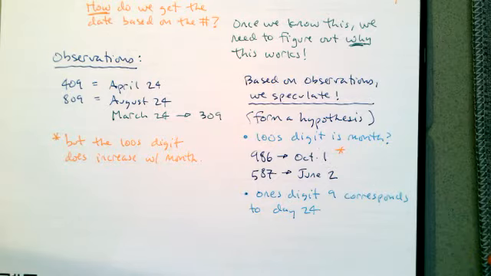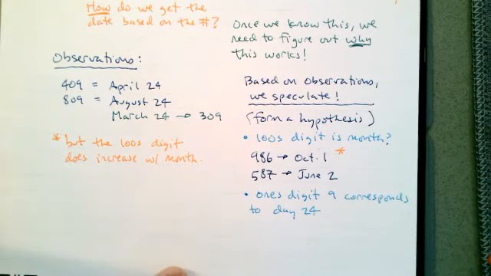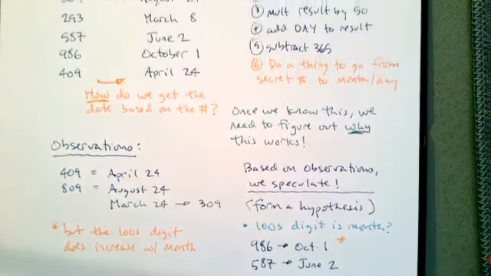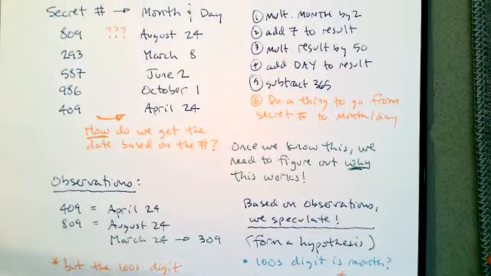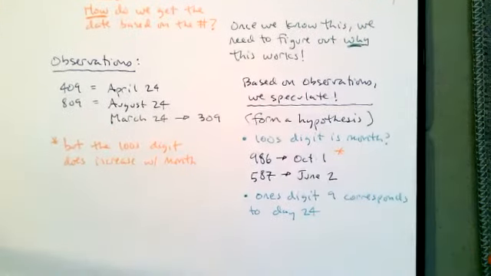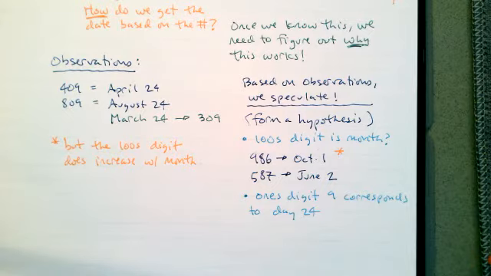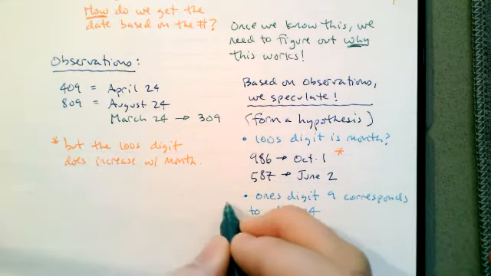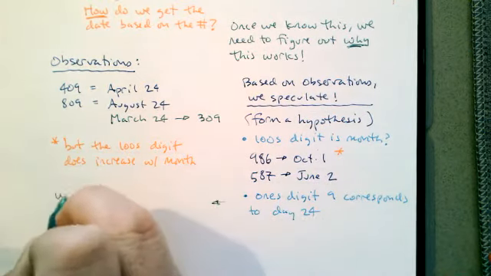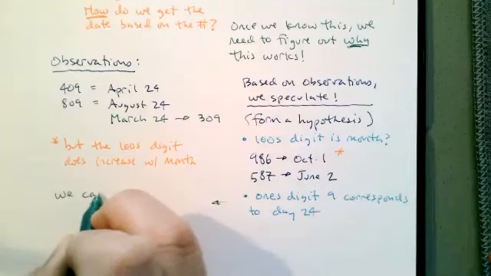So we do have some things where that doesn't work. Actually, no, we only have these 3 with the 9. So we can test this hypothesis. Let's pick some other month with a day of 24 and see what number that leads to. This is a hypothesis we can test.